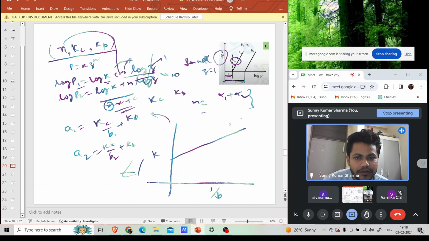If we do that for one plate, then we get only two values, meaning we will not get the exact Kc and K phi. For that we need more than two plates, more than three plates. If more plates are there, we will get more K values. Then we will make a line from those K values. The intercept will be, what was the formula? K is equal to Kc by B plus K phi.